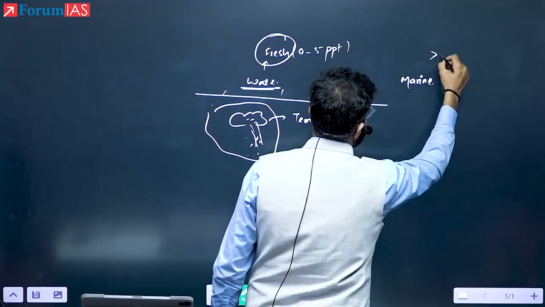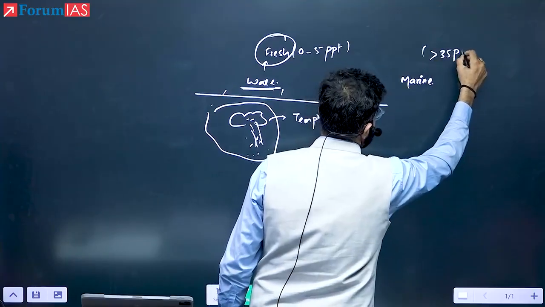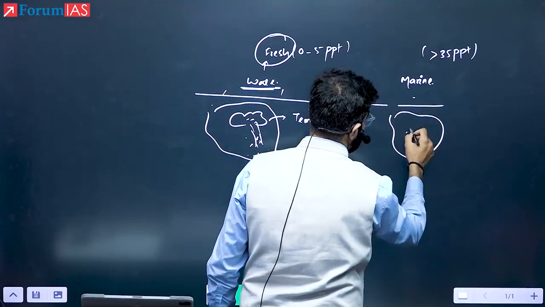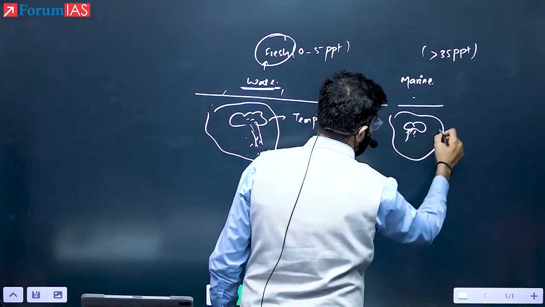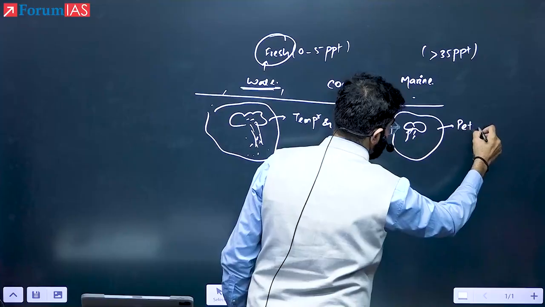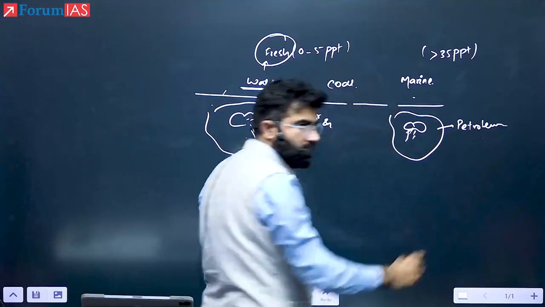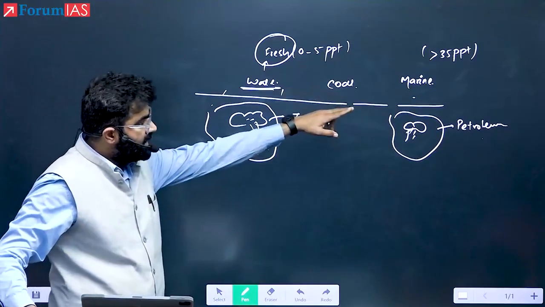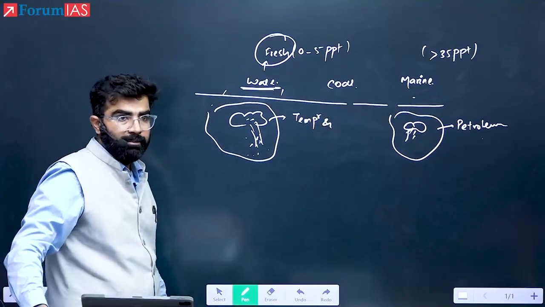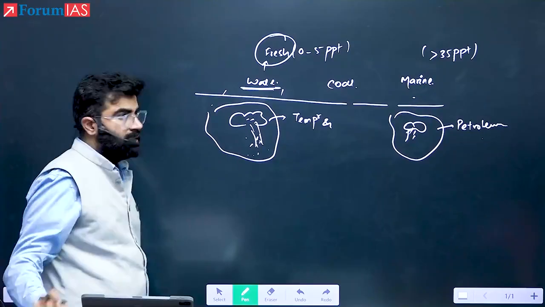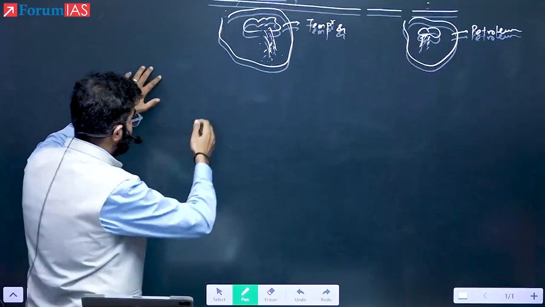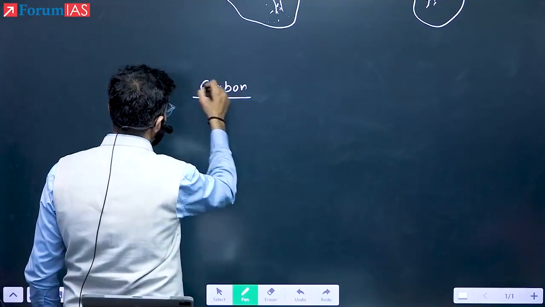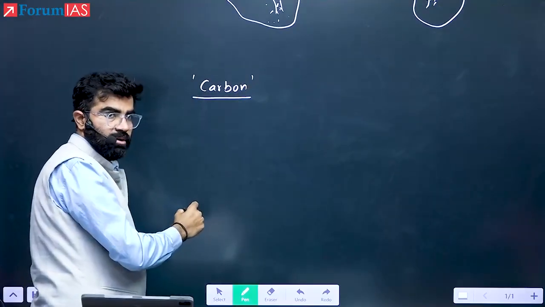The water is saline, let's say 35 plus ppt. Under such circumstances, they will result in the formation of petroleum. Please remember this. So under freshwater condition, if they are submerged, then coal formation. Under marine condition, petroleum formation will happen. Now, if we go by this logic, the name Carboniferous itself suggests that this is known for carbons. Carbon means forests were there.